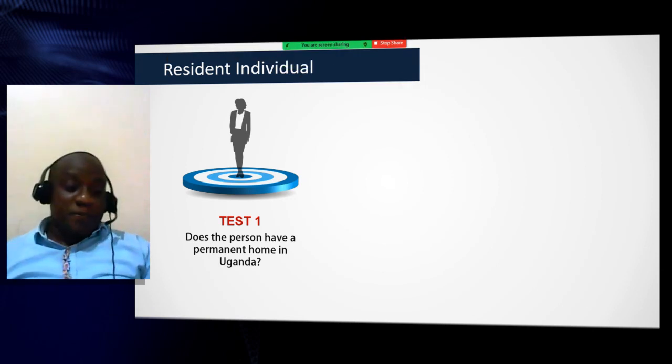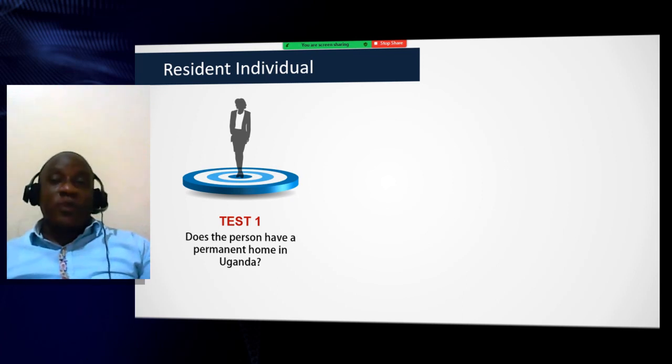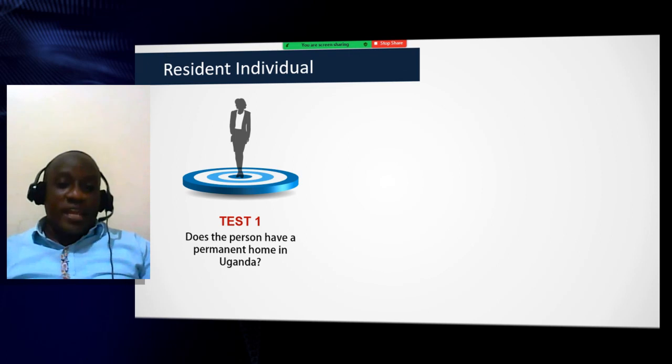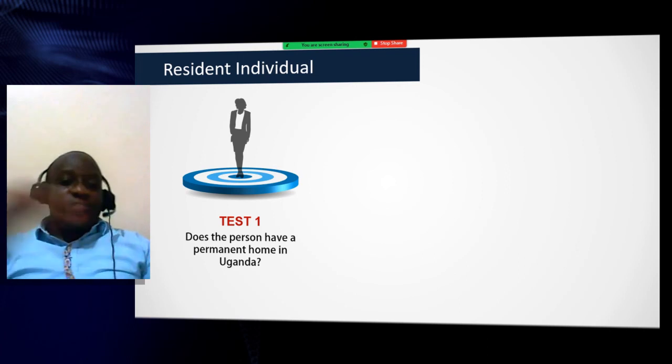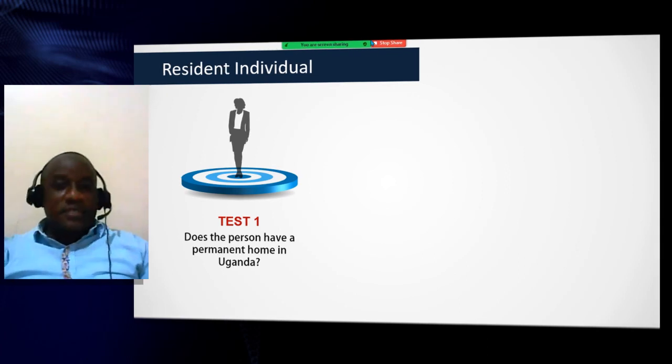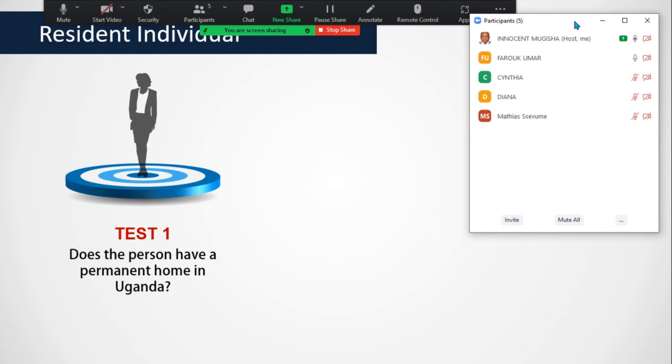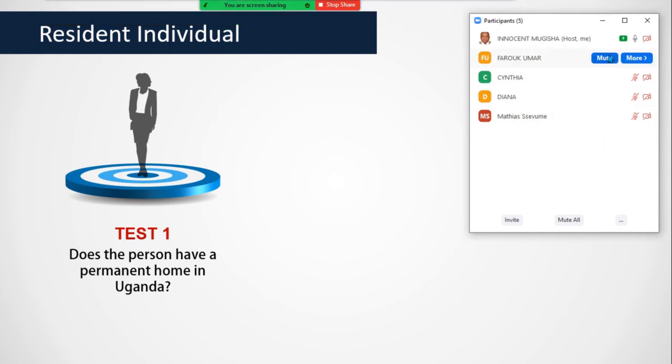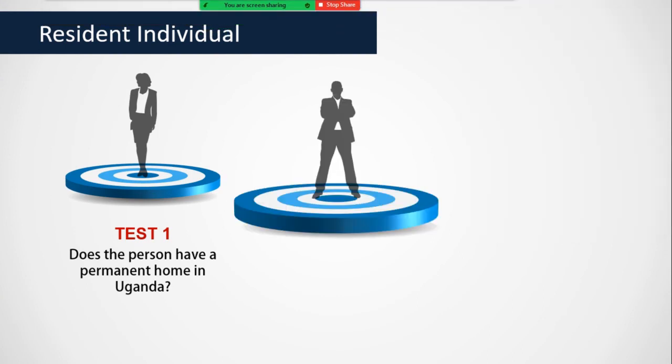So if you're residing in a cave, your own bungalow, a hotel, condominium, or apartment, whichever way the home is designed, that is a permanent home and you are a resident individual. If a client does not have a permanent home, then they fail test number one.